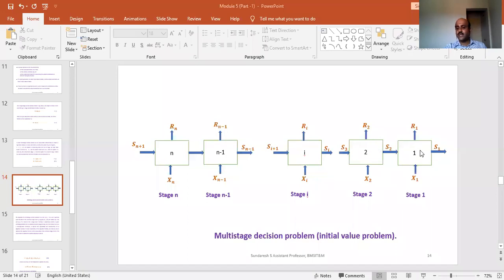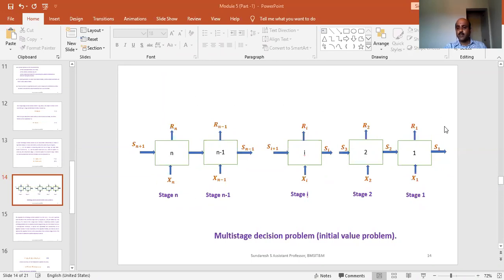Like that, if you look at stage 1, the input is S2 and the output is S1. Like this, we connect each of the stages just from head to tail, just like in a series. So this is what we call a multi-stage decision problem.